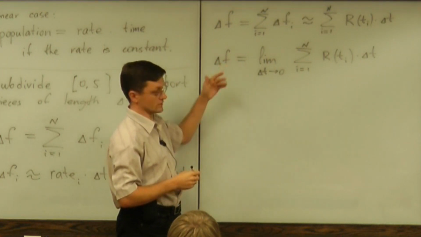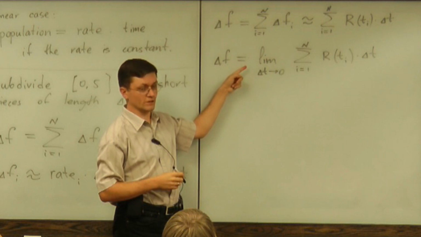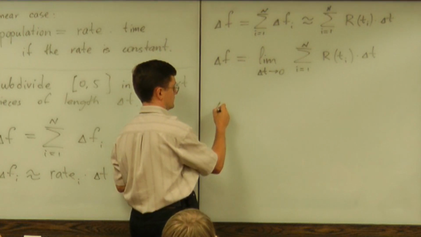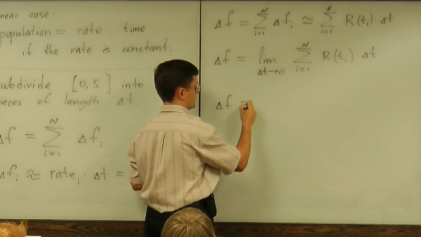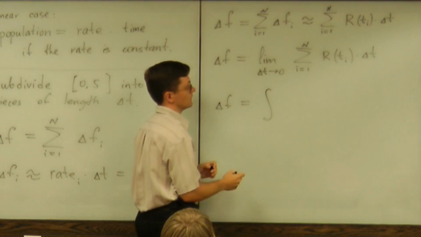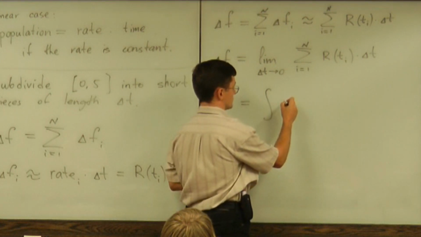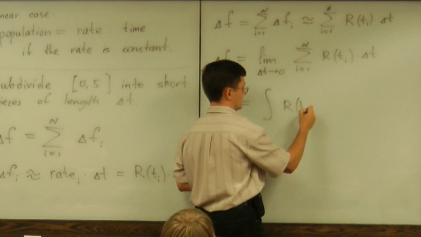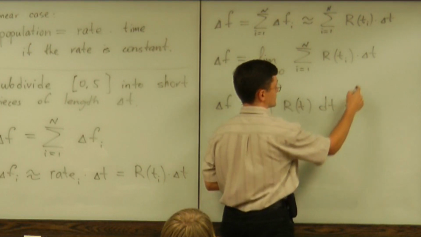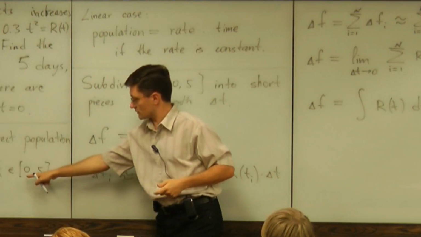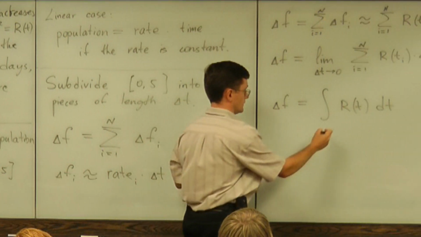And now we say this is, by definition, a definite integral. And then we recognize what should be the integrand. It should be exactly that function r of t. We integrate with respect to t, and the interval is our original interval from 0 to 5.